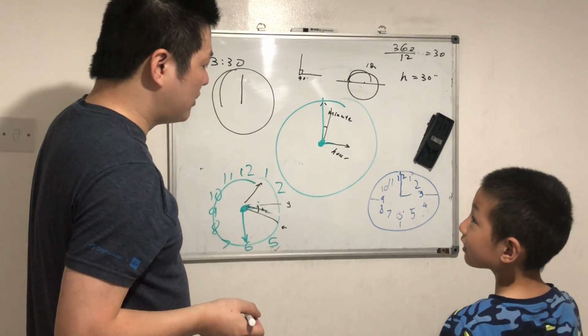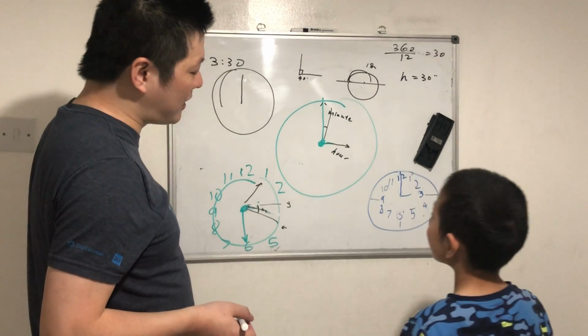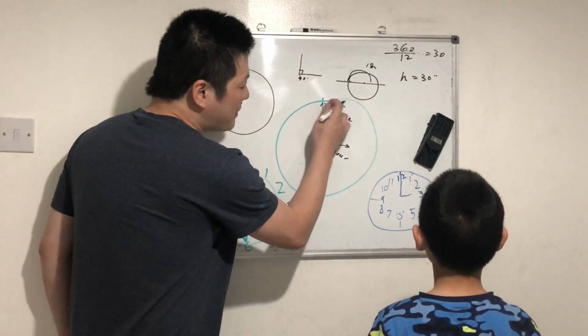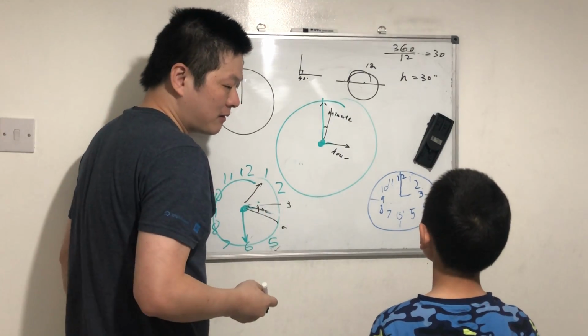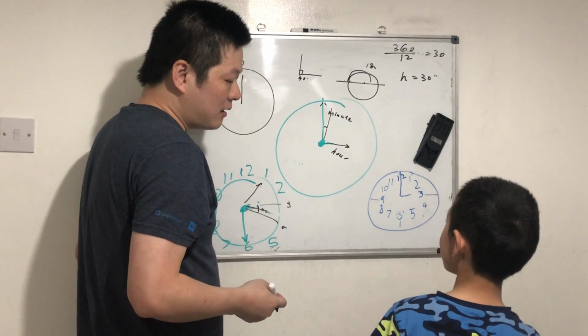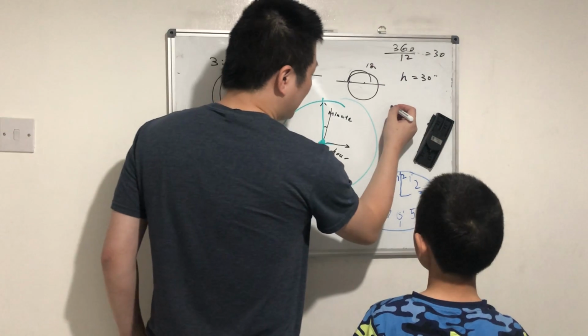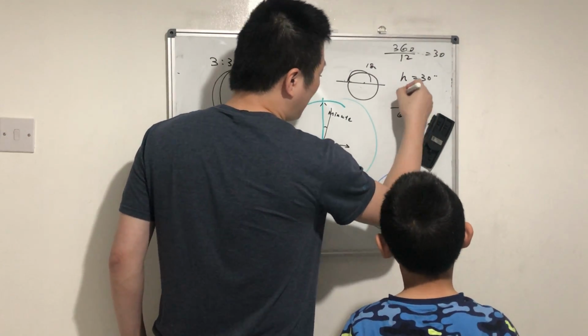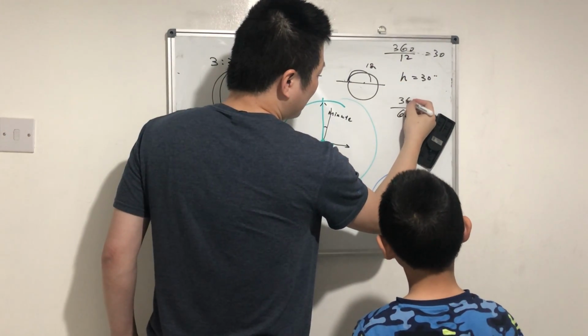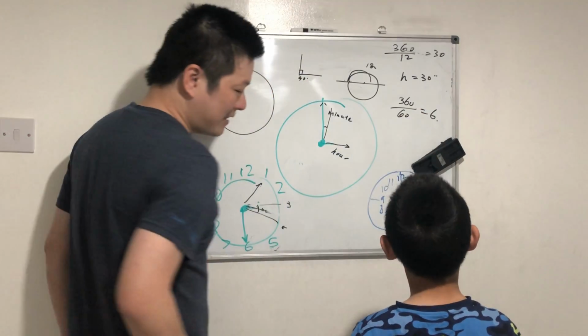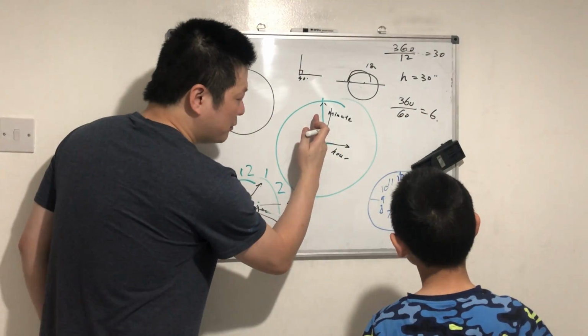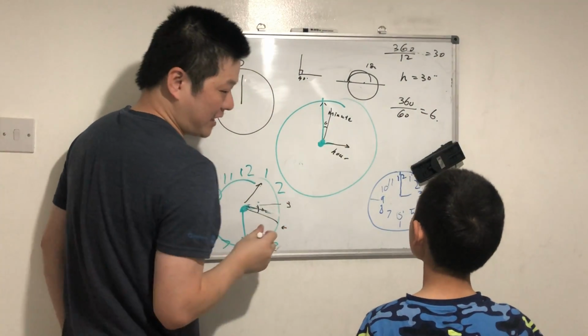No, of course not 1 degree. You just said how many minutes? 60. So 360 divided by 60 is 6 degrees. So when the minute moves 1 minute, it is 6 degrees, right?